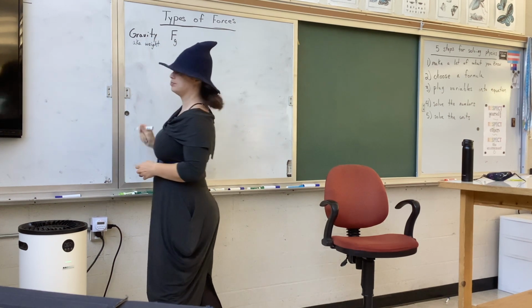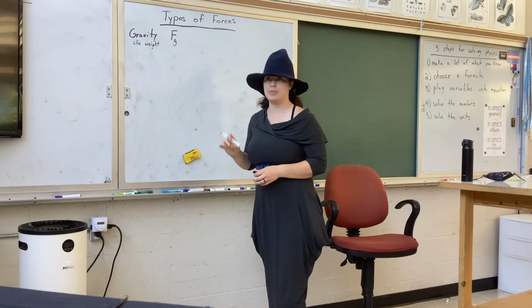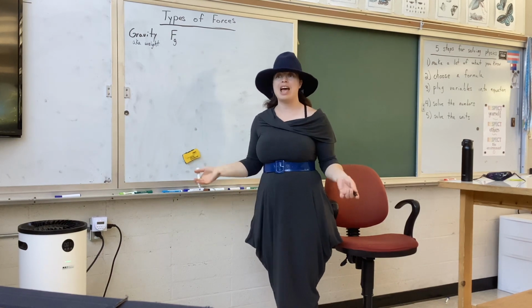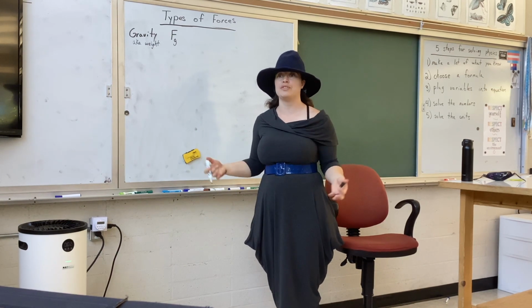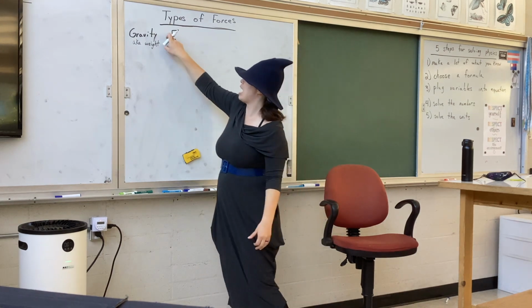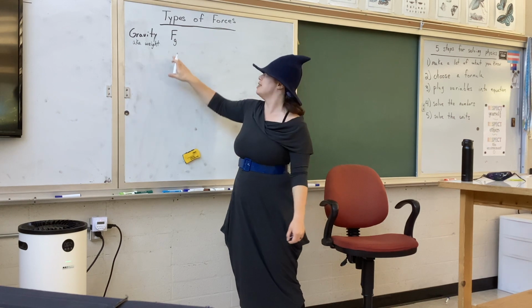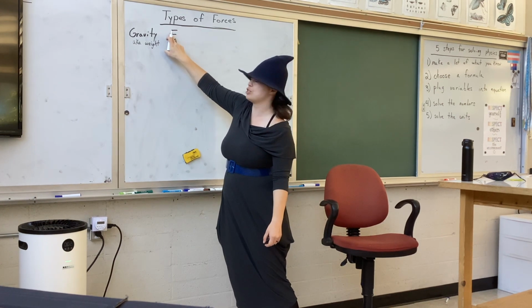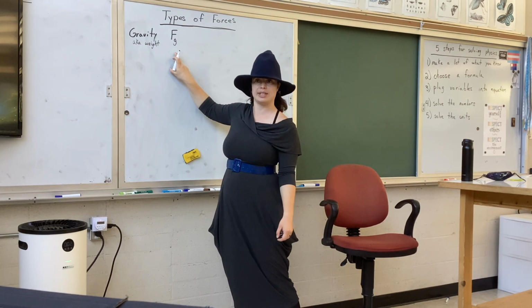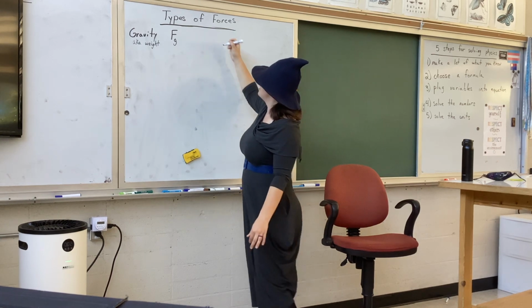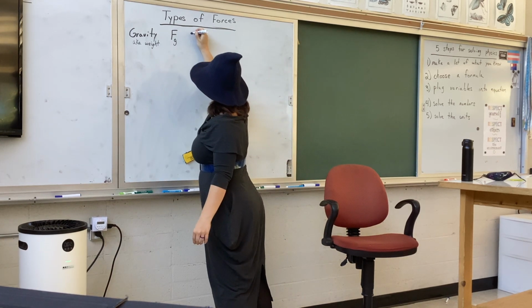Wait, what was the second column again? The abbreviation that we're going to use to represent that. So I don't have to write out the word weight or write out the force of gravity. I can just write a capital F for force with a little g next to it as a subscript. And that means I'm talking about the force of gravity specifically. And we know the following things about gravity.